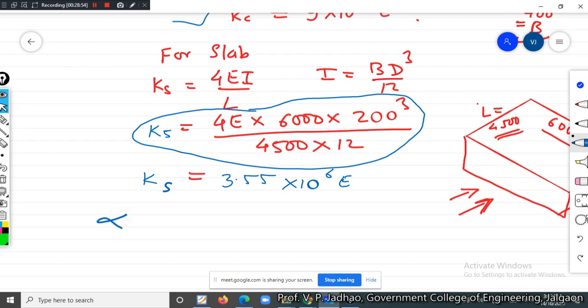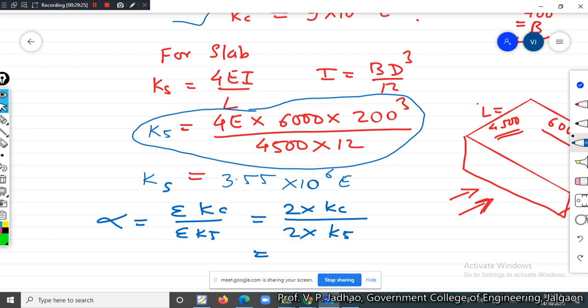And again we know alpha is equal to summation of Kc divided by summation of Ks, where summation of Kc is the sum of stiffness of columns above and below that particular slab. Therefore, it will become 2 into Kc. And summation of Ks is the stiffness of slab on both the sides, so it will again become 2 into Ks.